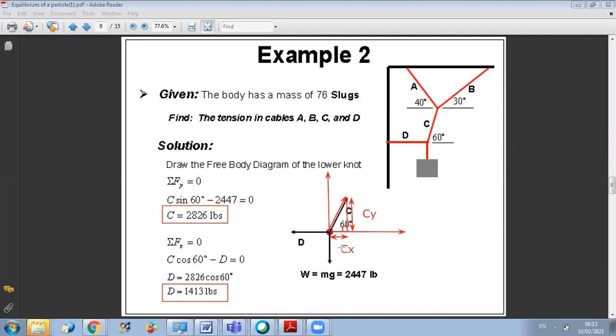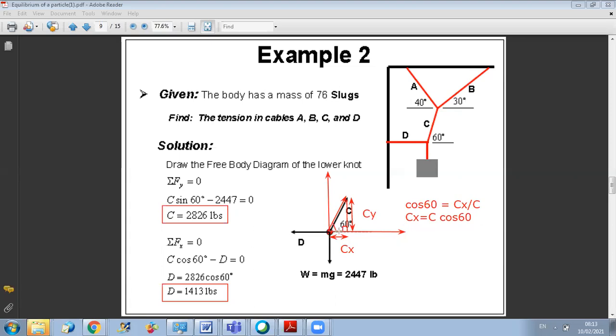So the cosine of an angle is the length of the adjacent edge over the length of the hypotenuse. So you can say that cosine 60 is equal to Cx over C. This is why Cx is equal to C times cosine 60. So always look, if you have an angle, what is the side that is adjacent to the angle?